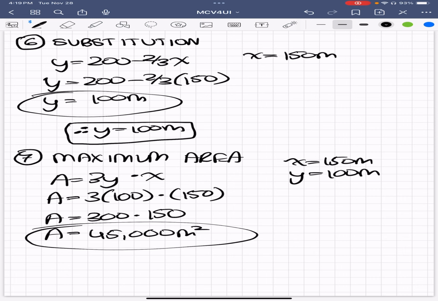So the area is 45,000 meters squared. It's squared because it is area and not perimeter. Area is always unit squared. So again, the area is 45,000 meters squared.